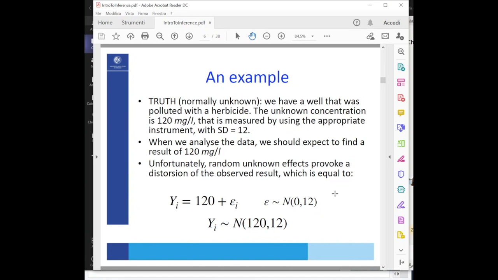So we have 3 water samples from a well with a concentration of 120 milligrams per liter, and these concentration values were produced by using an instrument with a standard deviation equal to 12. So it's a 10% coefficient of variability, as you see.